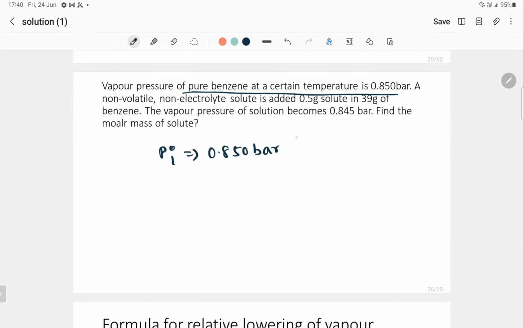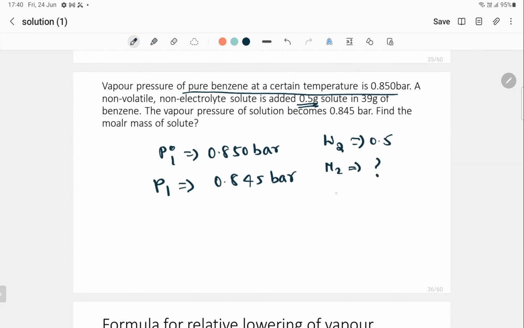So now, P1 is equal to 0.845 bar. This is nothing but our solute's given mass. So given mass is equal to W2, 0.5. We don't know the molar mass.